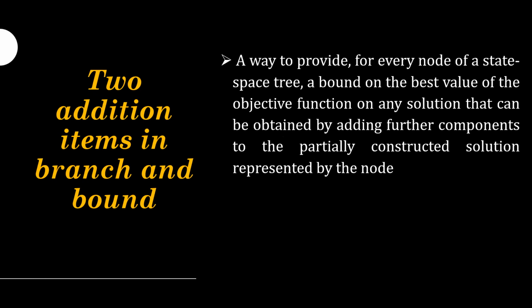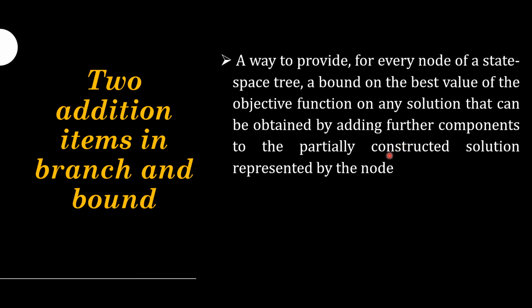Let us see the two additional items in branch and bound. One of the important things about branch and bound is a way to provide, for every node of a state space tree, a bound on the best value of the objective function on any solution that can be obtained by adding further components to the partially constructed solution represented by the node.